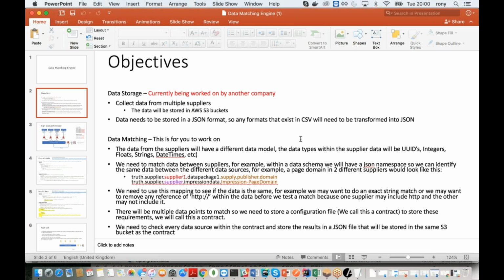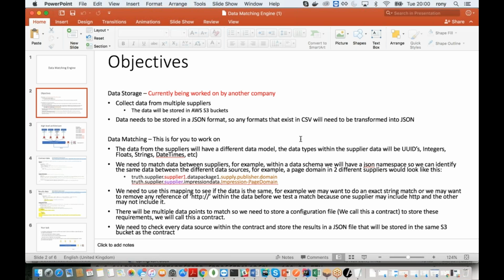There's supplier one and data package one, so this is supply.publisher.domain. The same data coming from another supplier could look like impression-page-domain. They represent the same kind of data value, but their naming can be different, and the data is coming from two sources.